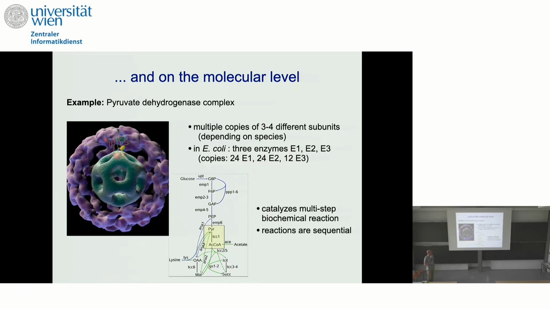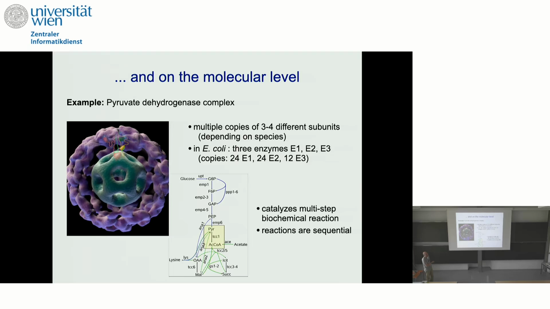complexes that consist of enzymes. This is one example. It's the famous pyruvate dehydrogenase complex, or PDH complex. This is in the metabolism of each organism that we know of, including ourselves. This sits in the metabolism between the TCA cycle, the citric acid cycle, and the glycolysis pathway, directly at the interface.